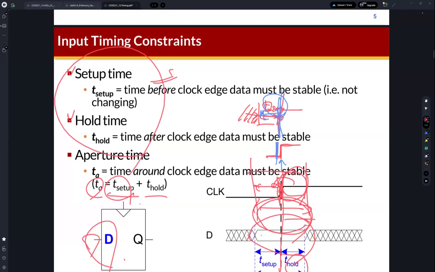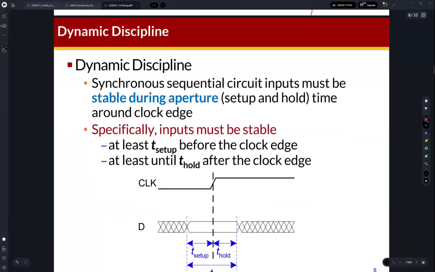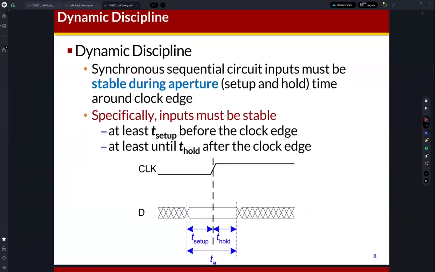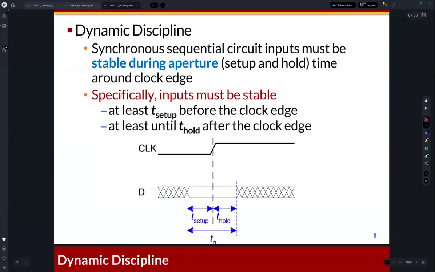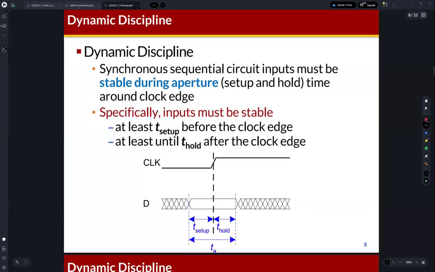So you need to understand the setup time and hold time, because using the setup time and hold time, we can analyze the timing property of digital systems. And as I mentioned, this is the dynamic discipline.